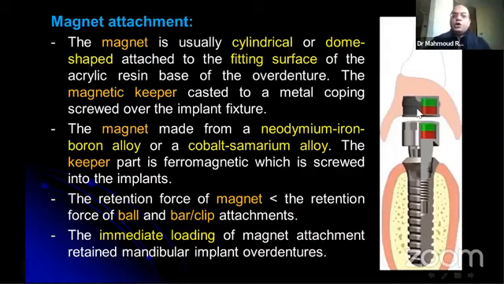So if you want to make an immediate loading with a questionable case, you can use this type of attachment without being afraid of implant failure. The immediate loading of magnetic attachment is also an option, as we said before.